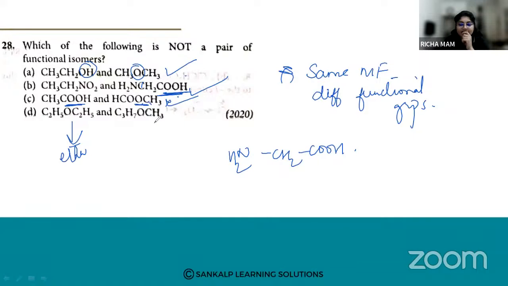You can see they have the same functional group, so this is not a pair of functional isomers. Functional isomers should have the same molecular formula but different functional groups. This is an ether, this is also an ether. So option number D is the answer. It is not a pair of functional isomers.